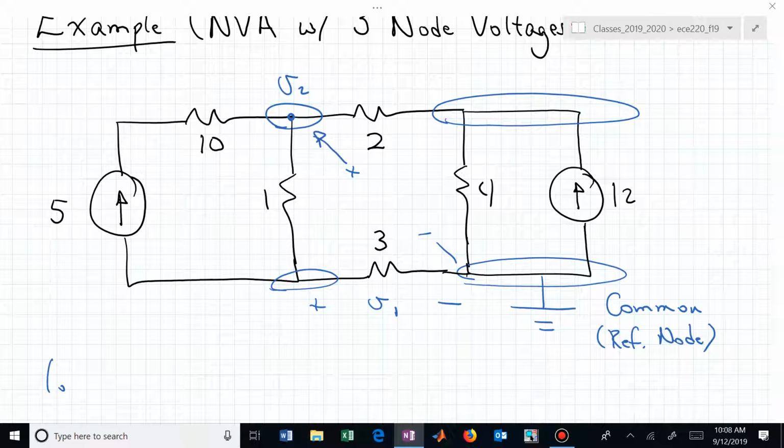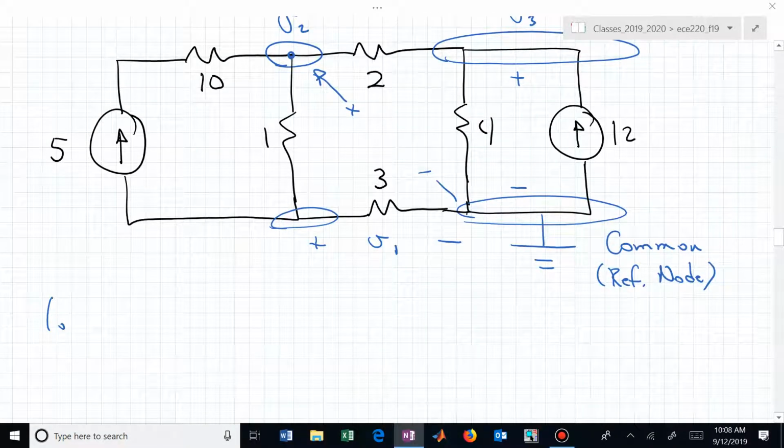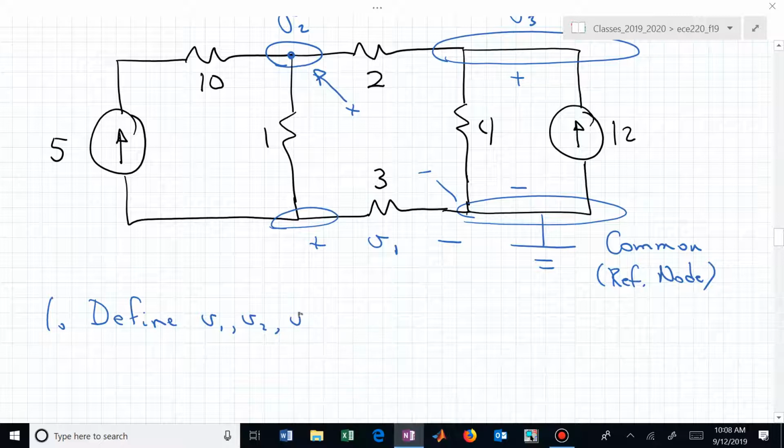Well, obviously we're going to call that V sub 3, and there's the plus and there's the minus. I've defined V1, V2, V3.